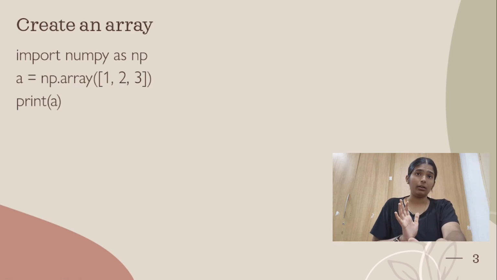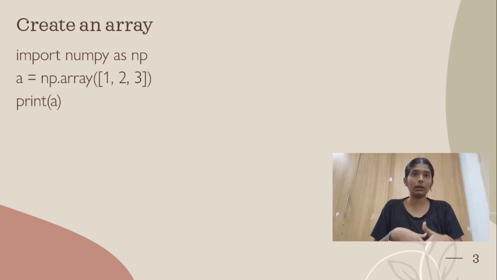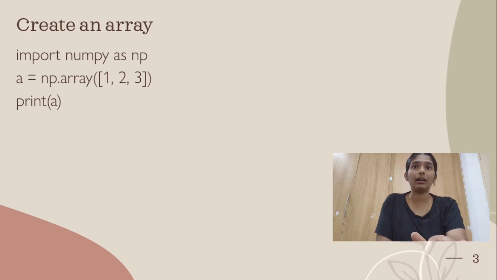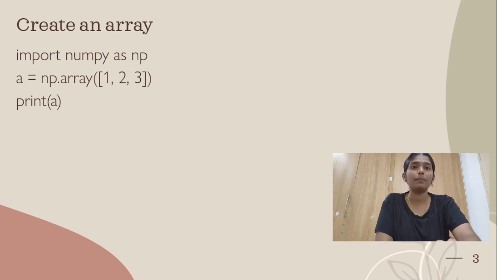We have installed it, but to use it we need to import it, so we import it as: import numpy as np. Instead of np you can use anything. Whatever you give here, it goes here. So a = np.array, and you give your array. That's it. You have created your NumPy array, more powerful than a Python list.